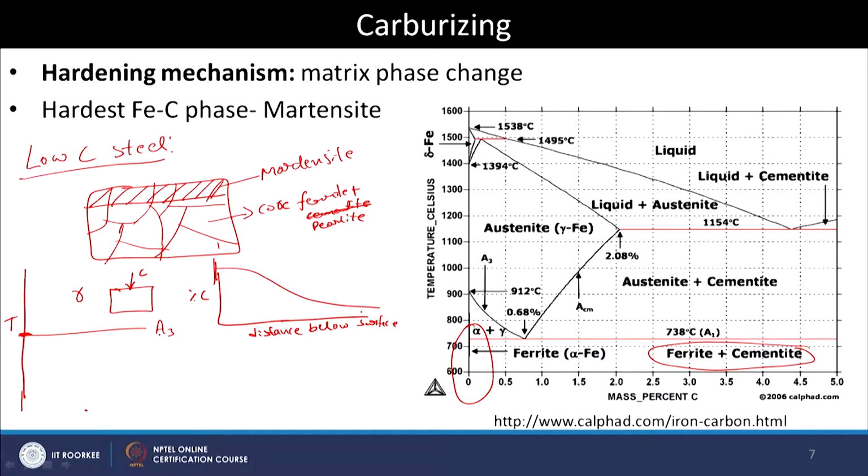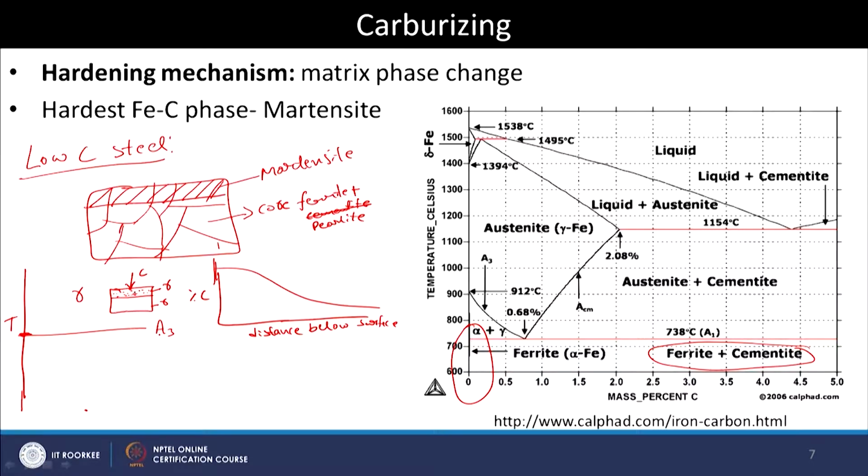If you see the microstructure of the entire sample, the surface region is carbon enriched, having a high amount of carbon, and both regions are austenite, gamma. The difference is that the surface region gamma has a higher carbon content than the gamma in the subsurface.